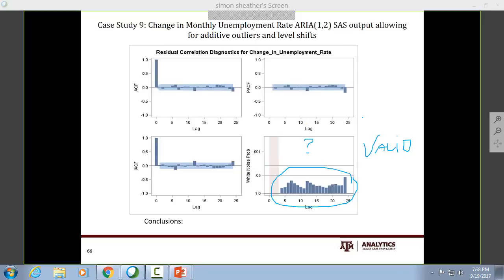And then what you have to do is pick a model that's lower on the SBC list. So this is an unsolved time series problem, to both choose the order and fit the additive outliers and the level shifts together. Okay, any questions about what we've done today?